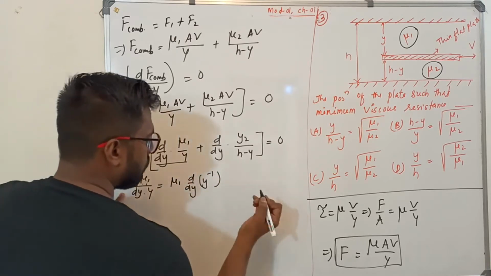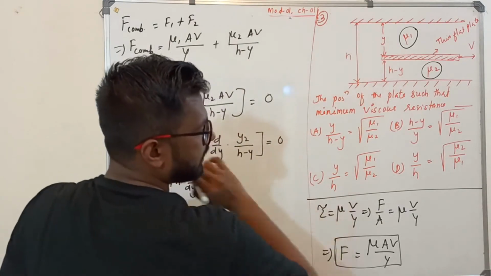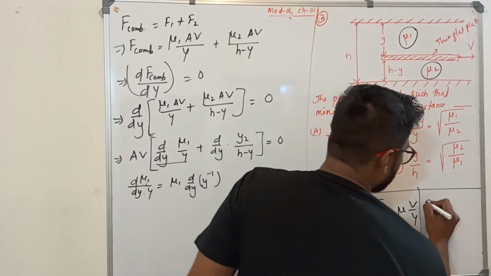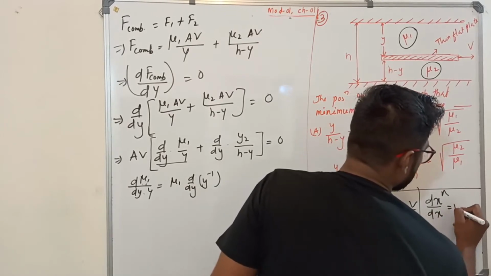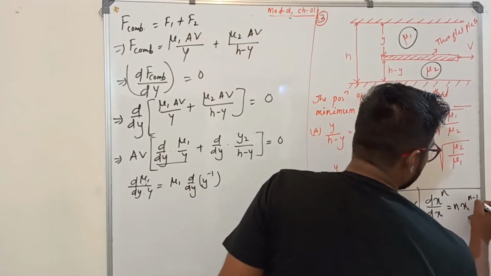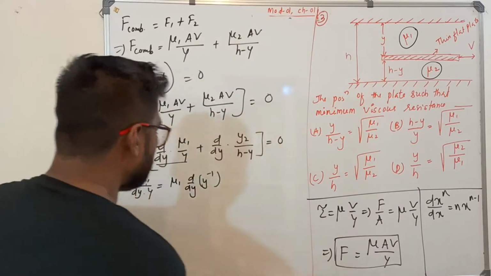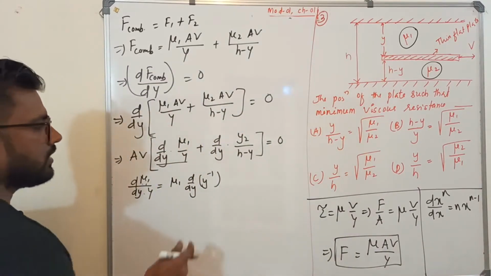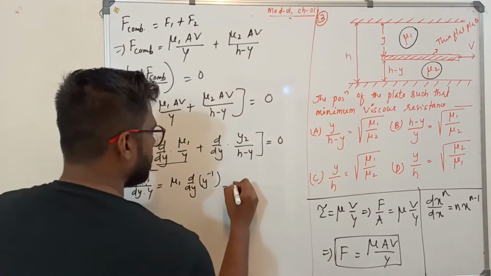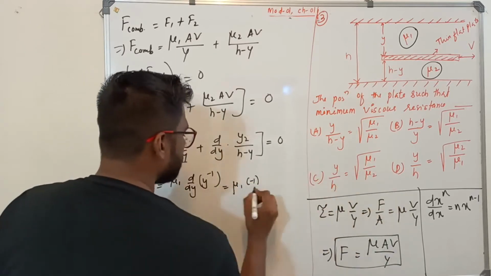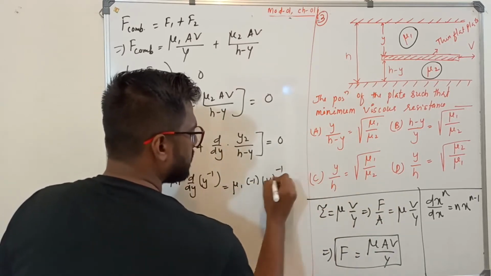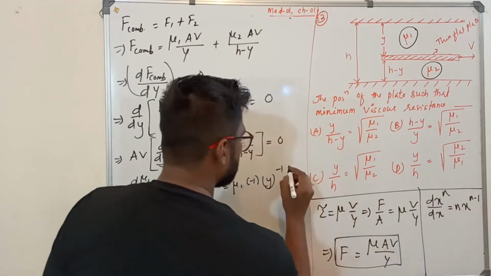So what is your formula? Can anyone tell me the formula of d of x to the power n by dx? Sir, n into x to the power n minus 1. So what is your n here? Sir, n is minus 1. Very good. x is your y, y to the power minus 1 is already there, n is minus 1.